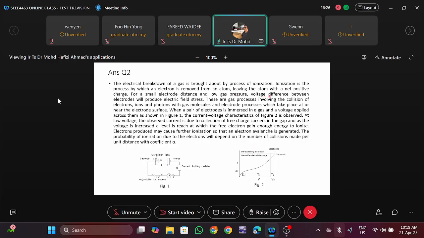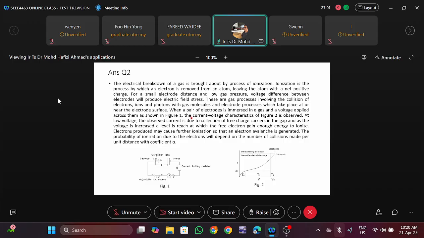So the voltage difference between electrodes will produce electric fields because we apply a voltage here. So it might produce V over d, an electric field, and then it may produce some kinetic energy that pushes the electron to move away from the cathode, and then it travels because it's quite mobile. It travels from the cathode to the anode, and during traveling, it will collide with any of the neutral atoms.